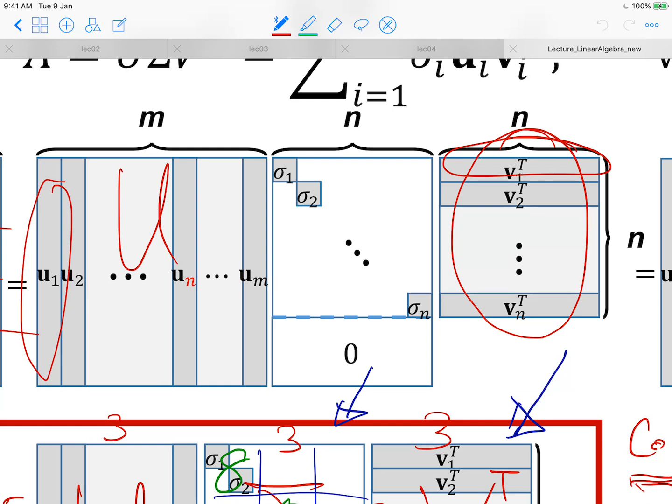So the column space of A and the null space of A transpose live in the same m-dimensional space, where your matrix is m by n.